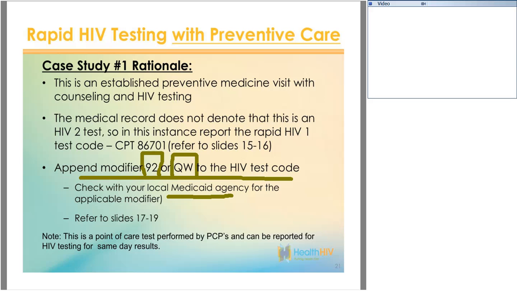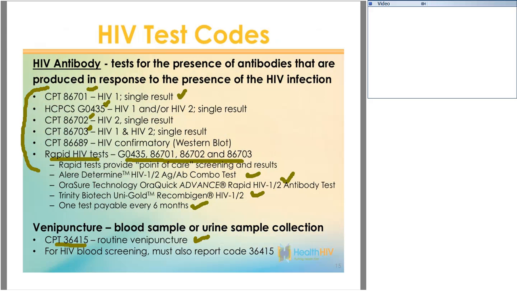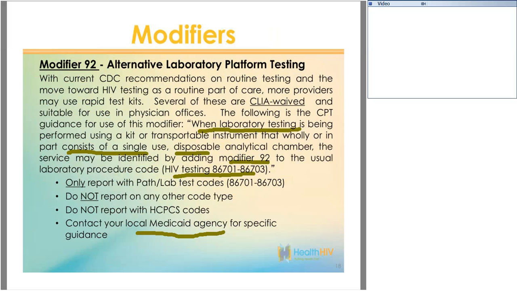And so again, just to do a quick look back at the codes, sorry, the codes are here. So 86701 is a single result test. So the final answer for the scenario that we were just looking at was 86701.